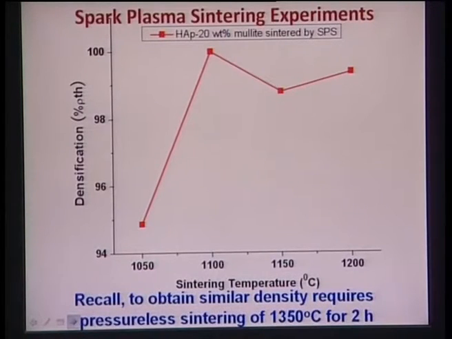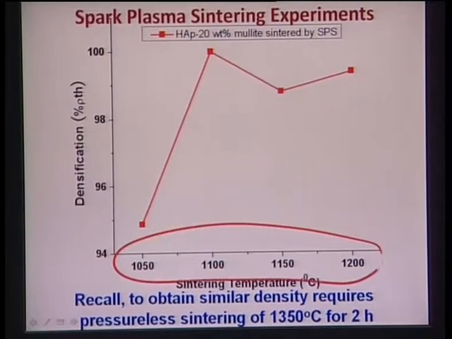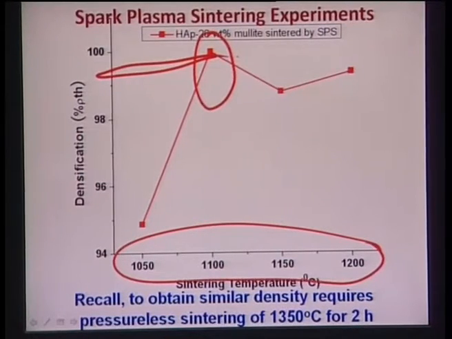Now, we have done experiments from 1000 to 1050 to 1200 degrees Celsius, and what you see is that at around 1100 degrees Celsius, these materials reach roughly 100% theoretical density.